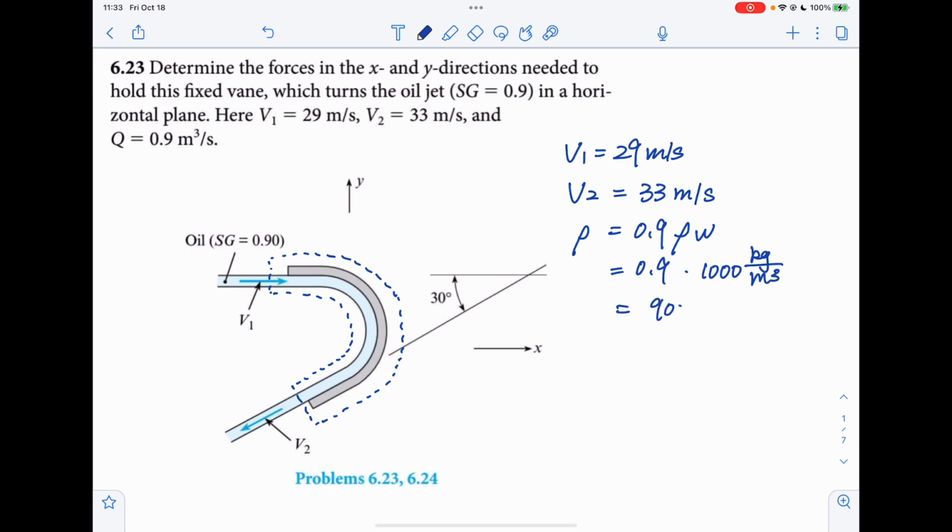So that will be 900 kilograms per cubic meter. Okay, that's our basic information.